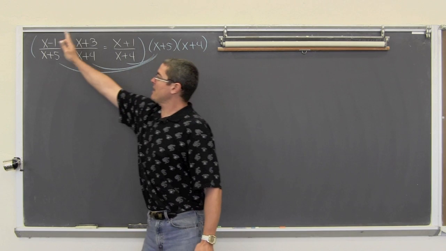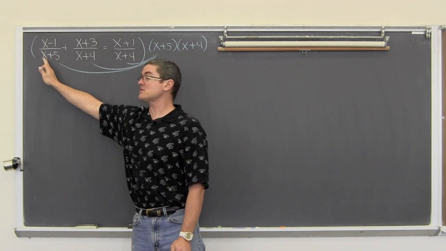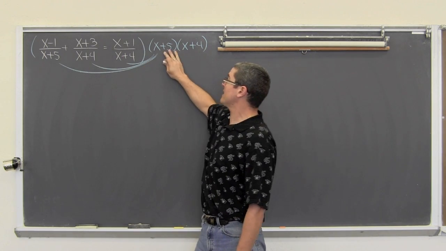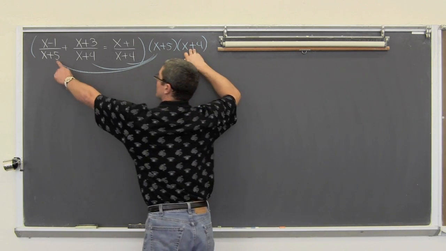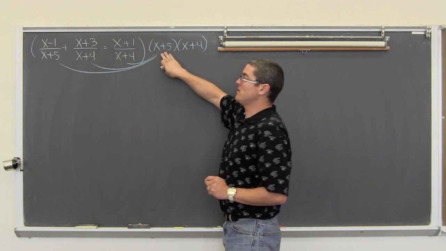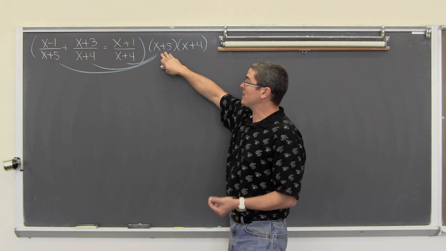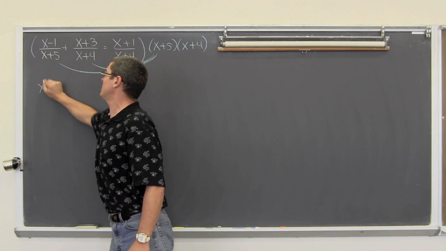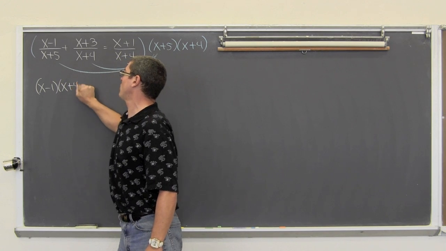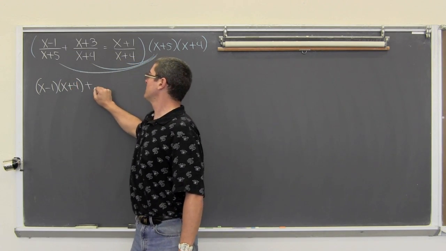We're going to take x minus 1 over x plus 5 and multiply it by x plus 5 times x plus 4. Now this denominator of x plus 5 is going to cancel out with this multiplication of x plus 5, and we'll end up with x minus 1 times x plus 4 plus, okay?